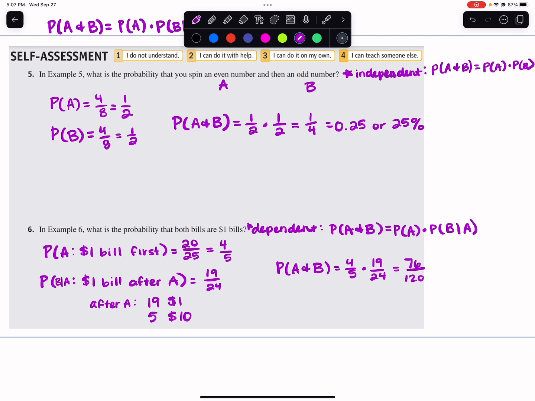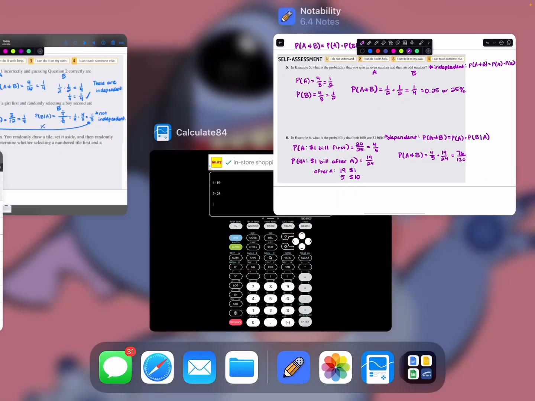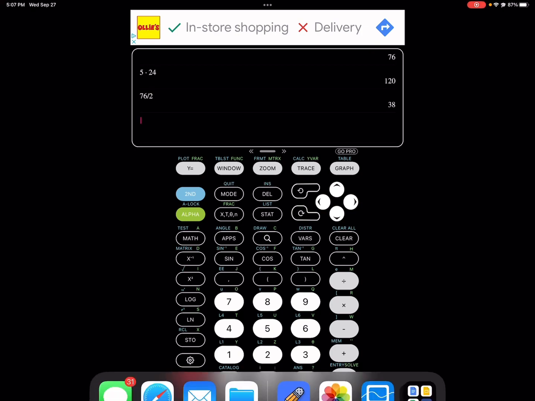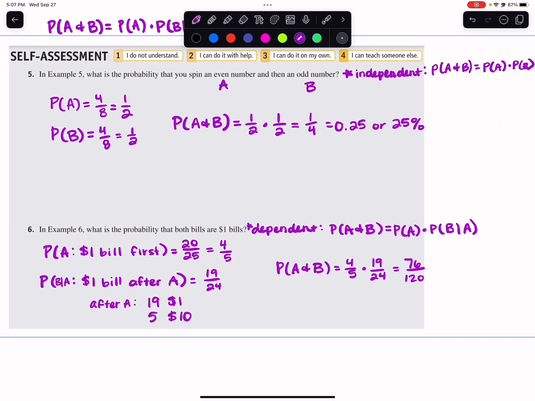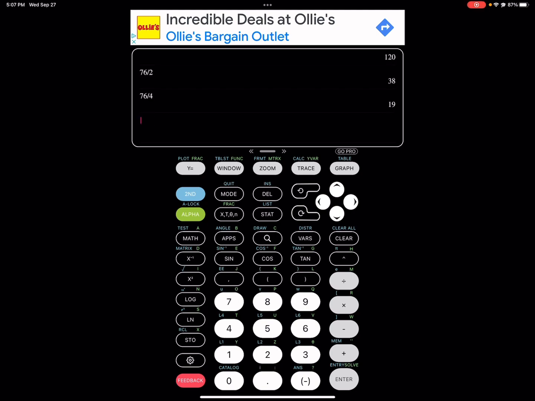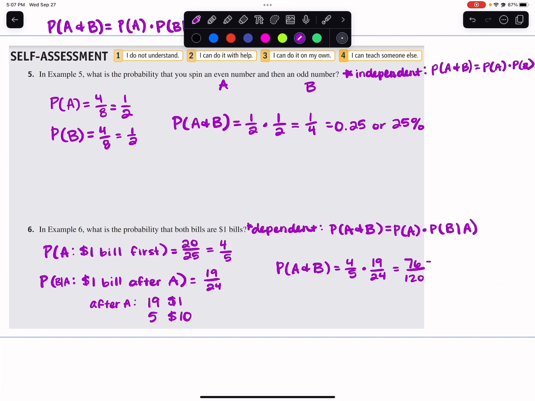I know I can divide those both by 2. Let's see if that's the smallest it'll get. So 76 divided by 2 is 38. That's definitely not the smallest it'll get, so let's try 4. 76 divided by 4 is 19. Yep, okay, so divide both by 4.